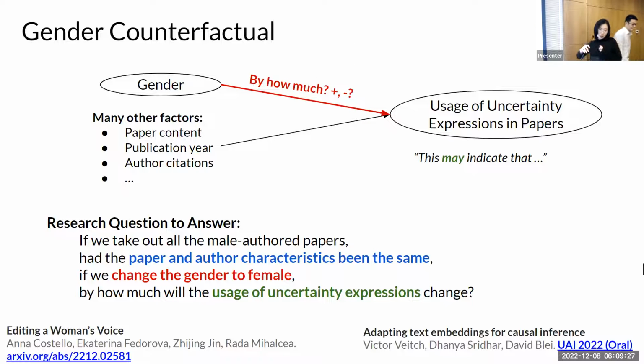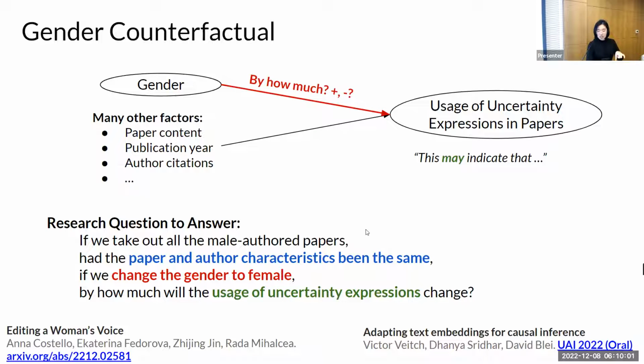So we will end this part with a final NLP example about, given all these statistical formulations, how can we apply this back to NLP? This is just a brainstorming part. One of the example tasks could be, we collect a large dataset of papers and investigate the counterfactual on gender. The example case we look into is the usage of uncertainty expressions, such as 'this may indicate', the 'may'.